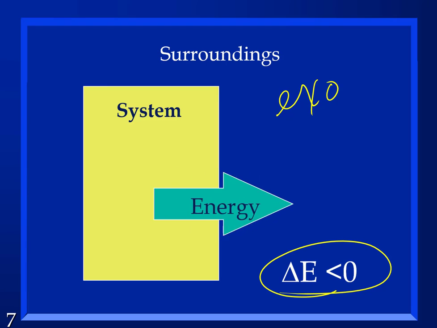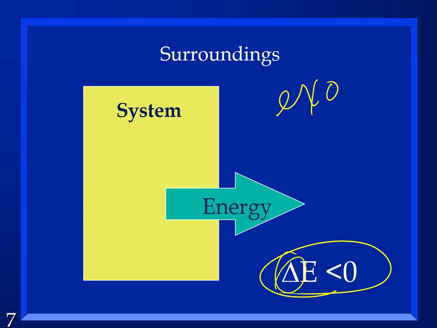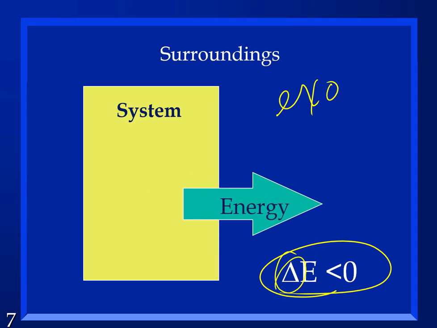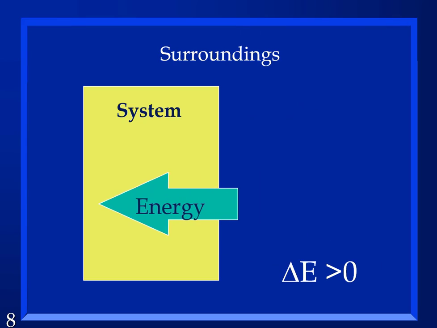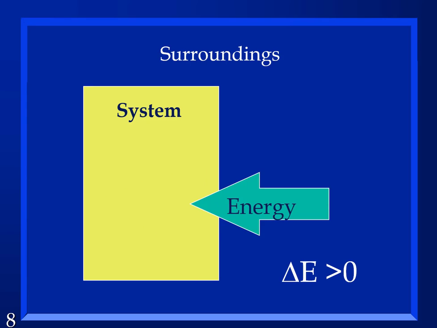This little delta means change to a scientist. Anytime you see a delta, they're talking about after minus before. How much did it change? So delta means change. Okay, so that would mean this is endothermic, and this delta E greater than 0 means that it's positive.